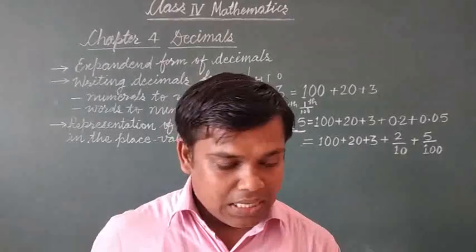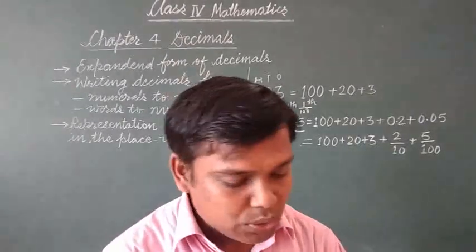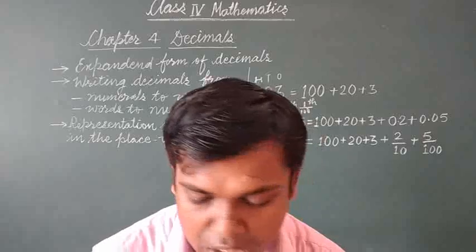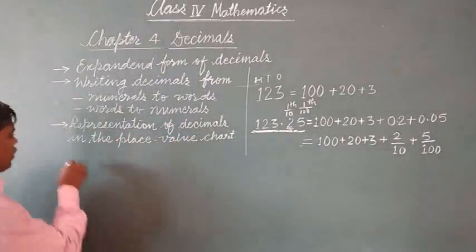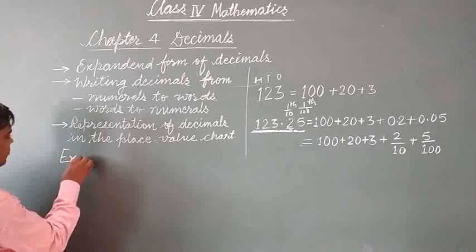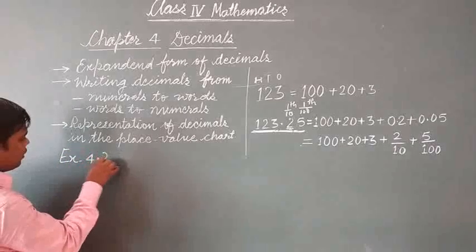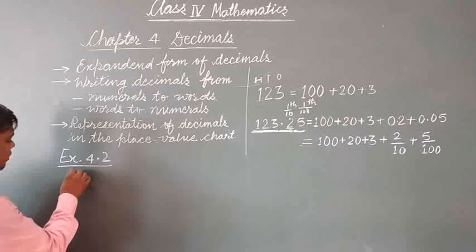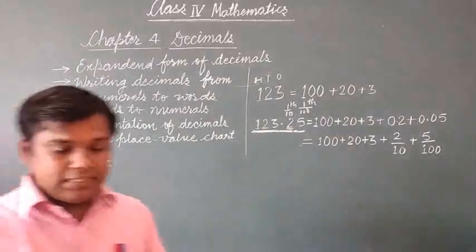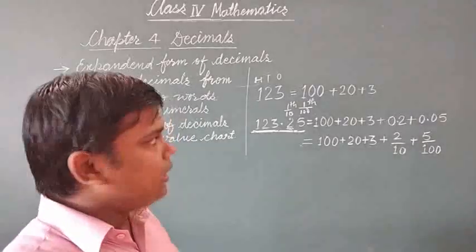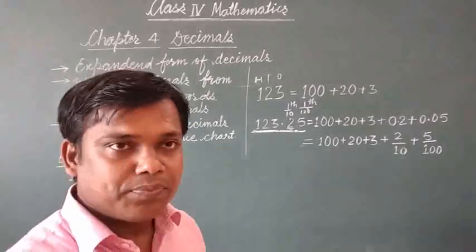Clear? I am going to solve one question from your exercise. Question number 1, exercise 4.2. It is written in the instruction, all of you can read it: write the following in the expanded form.